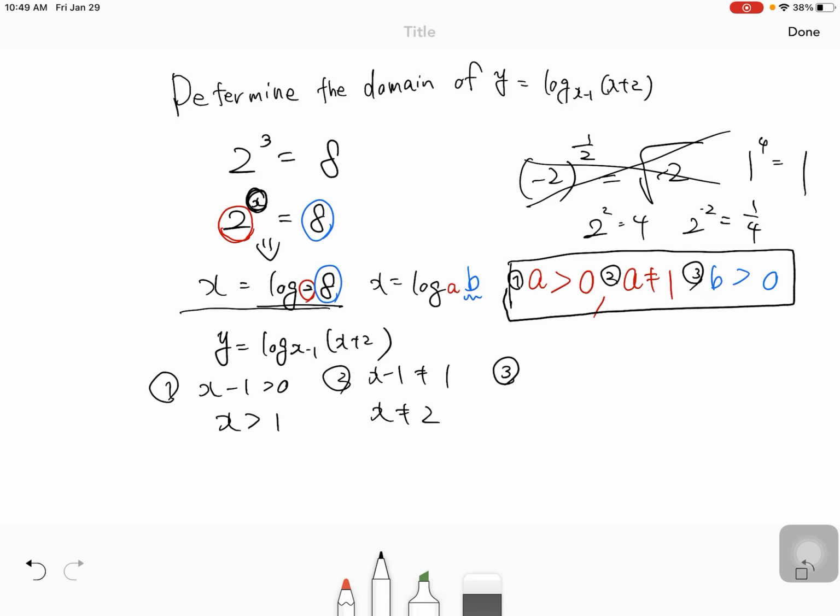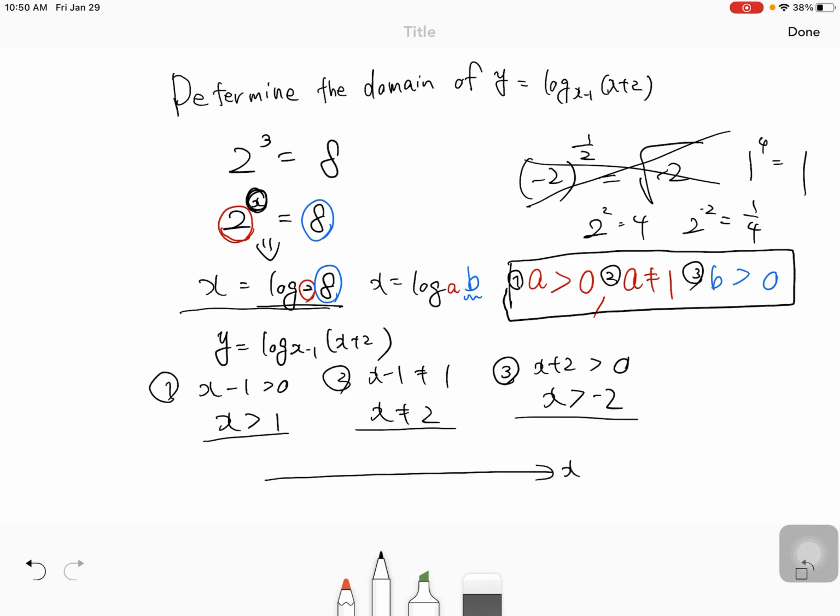That's the second one. The third one, b has to be bigger than 0. So x plus 2 has to be bigger than 0, which means x has to be bigger than negative 2. So you got all these conditions, and x values need to meet all conditions.